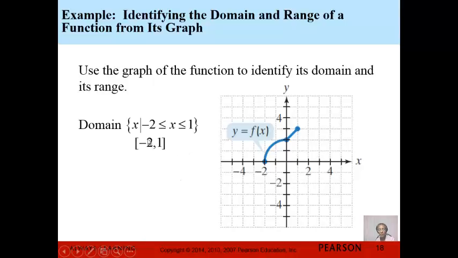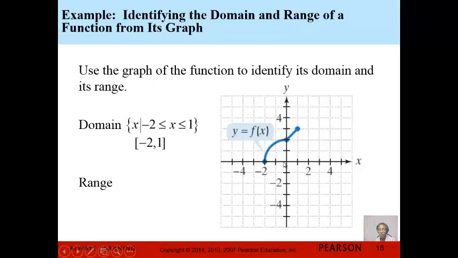And here's how you would write that as an interval. The square brackets indicate that the -2 and the 1 are included in the domain. Now let's look at the range. So I'm at a point on the graph, and I go over to the y-axis, and I see y equals 0 is my smallest y.